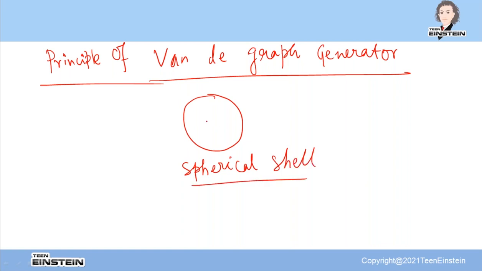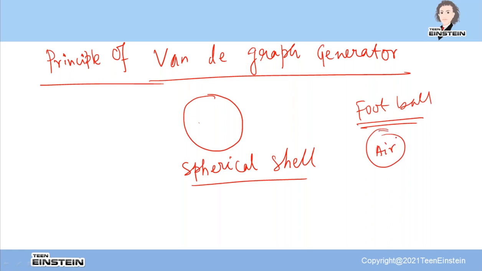A simple example is a football or volleyball: inside there will be only air, no mass. Only mass will be there on the periphery, on the surface. So this is like a football, which I call a spherical shell, and this is a conducting spherical shell.